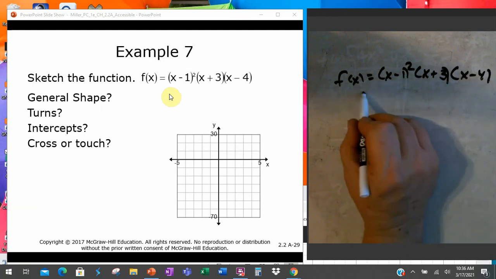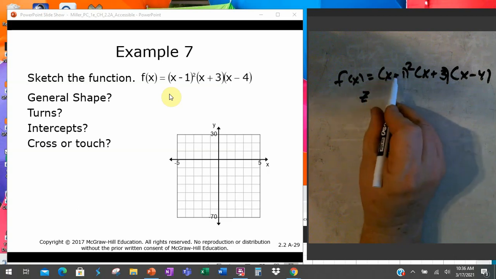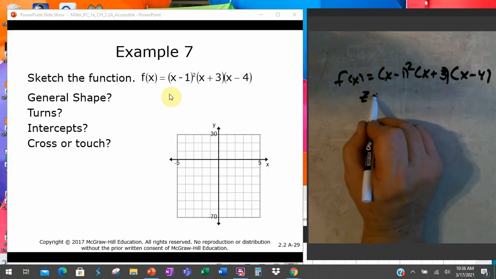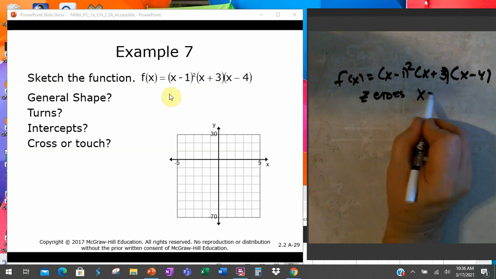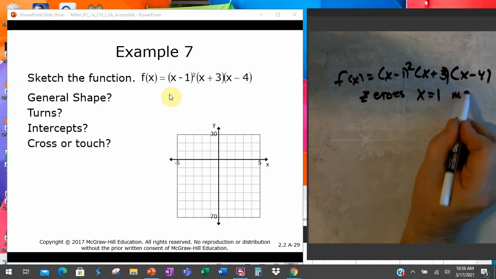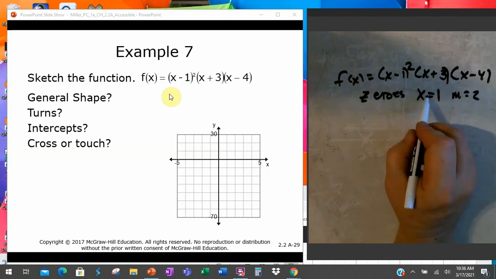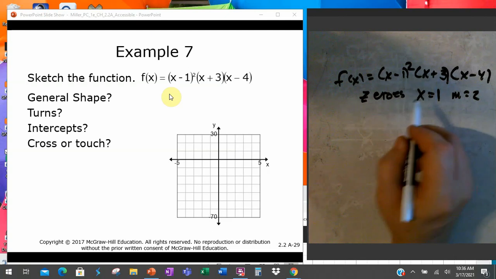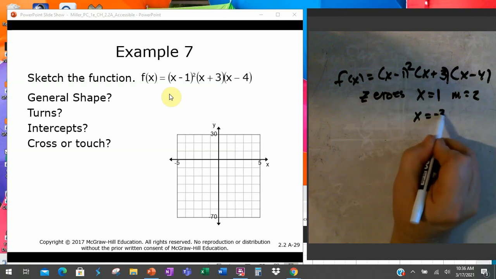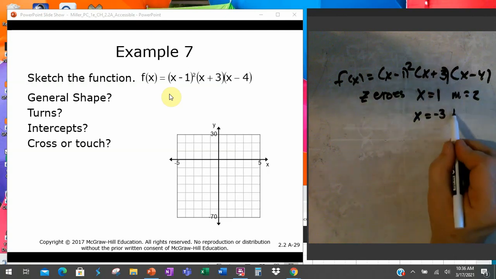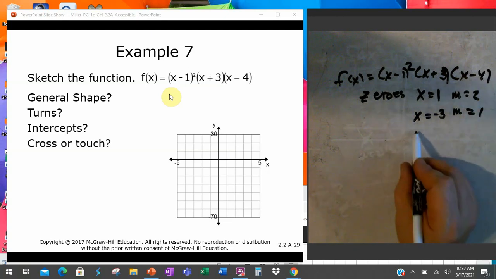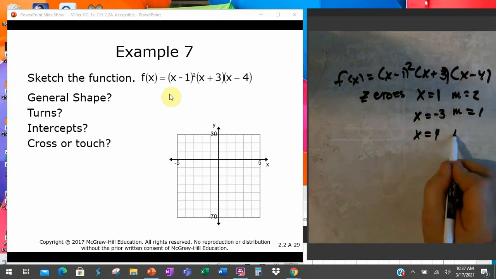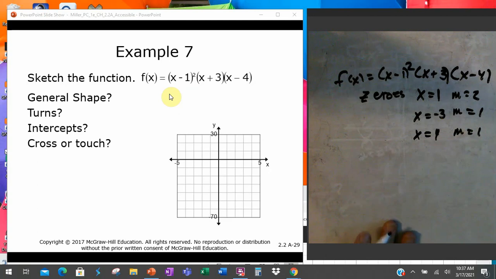Okay, so I'm going to write down my zeros. X equal to 1, the multiplicity is 2. X minus 1 is equal to 0. X plus 3 is equal to 0 at x equal to negative 3. Multiplicity is 1. And then x minus 4 is equal to 0 at x equal to 4. Multiplicity is 1. Okay.